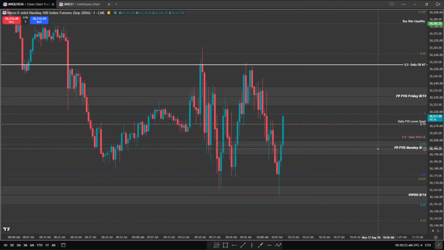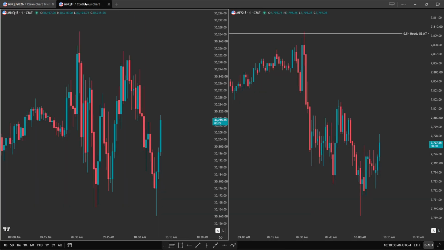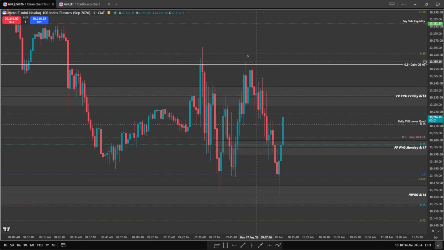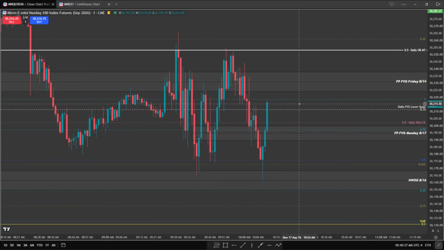And it's taken that sell side and now it's running really aggressively back up into the range. So I really like the idea of these highs getting taken now.